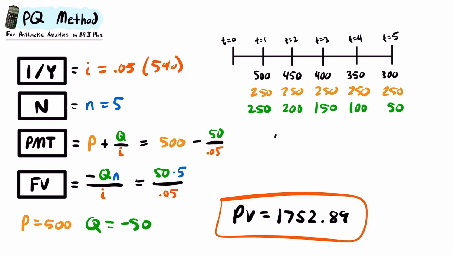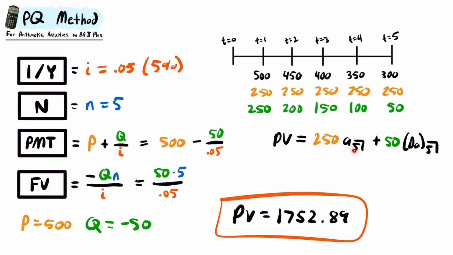All right, so the present value using notation and formulas would be 250 times A angle 5, since there's 5 of them, plus 50 times DA angle 5. Okay, and so using an interest rate of 5% or 0.05, you will get the same value that we got here. But obviously, the PQ method is a lot faster.